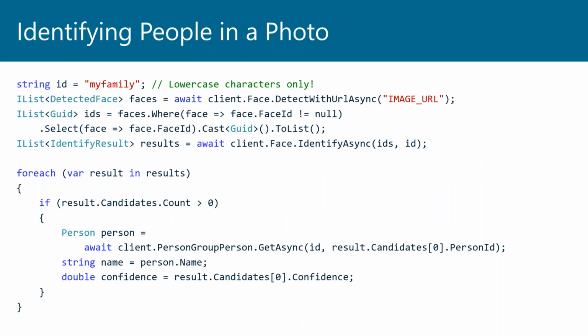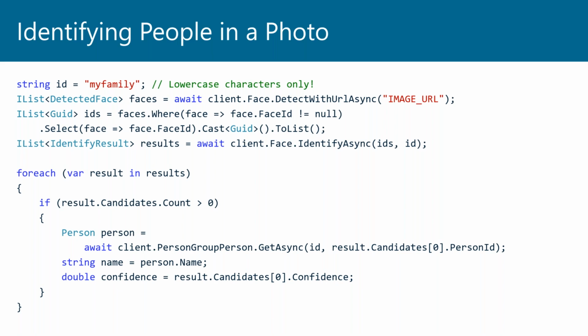call to train async. Once you have that facial database trained, then you can take some arbitrary image, detect a face inside it, notice the call to detect with URL async, and then you can call the identify async method to see if any of the people in that person group match the person in the photo whose face you just detected.